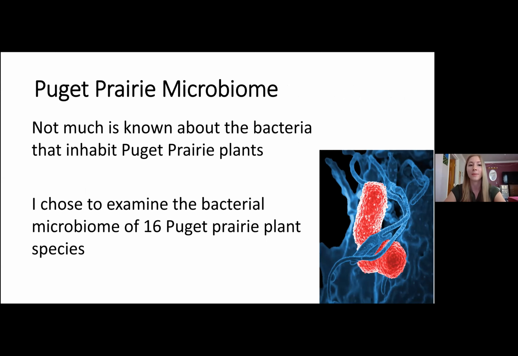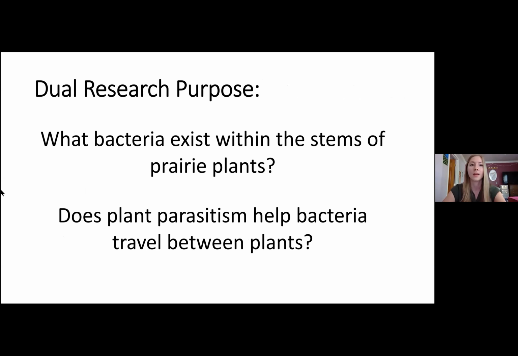I chose to examine the bacterial microbiome of just 16 of the different Puget Prairie plant species. As I was performing this research, I came up with two purposes. First, what bacteria exist within the stems of prairie plants? And second, does plant parasitism help bacteria travel between plants?